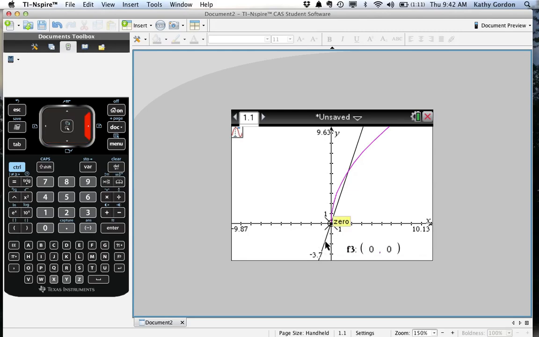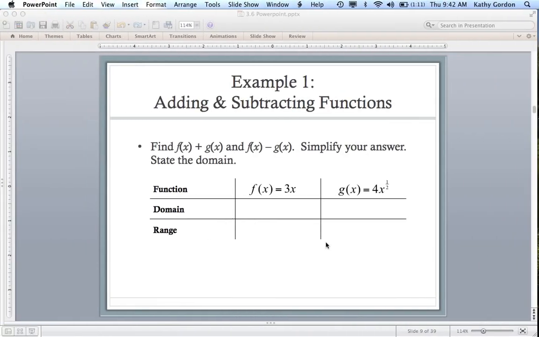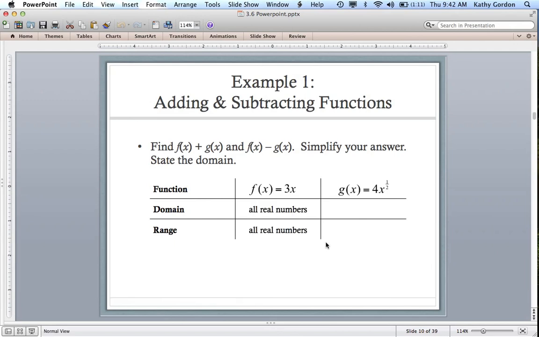Okay? So because of that, when we go to look at domain and range in our functions and in our result, our linear of 3x is still all real numbers for both domain and range. But now my domain for the square root is that x has to be greater than or equal to 0. And the range, the same thing. Y has to be greater than or equal to 0.